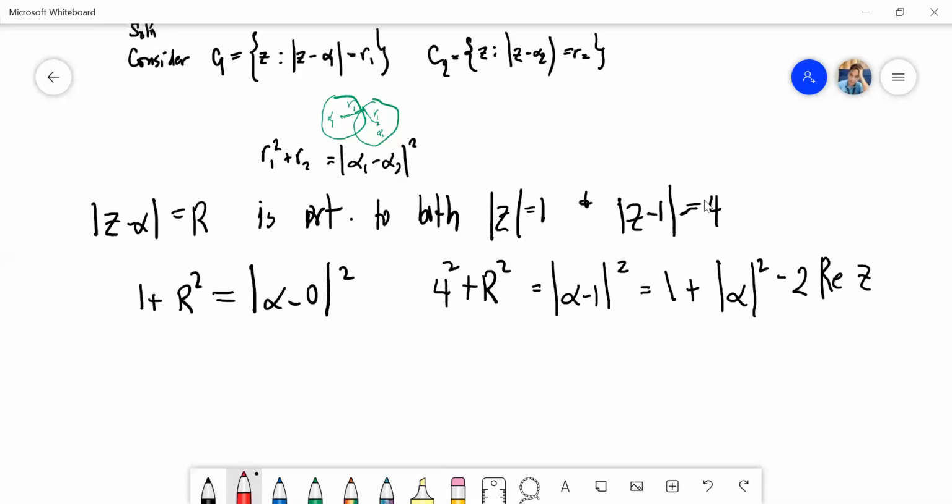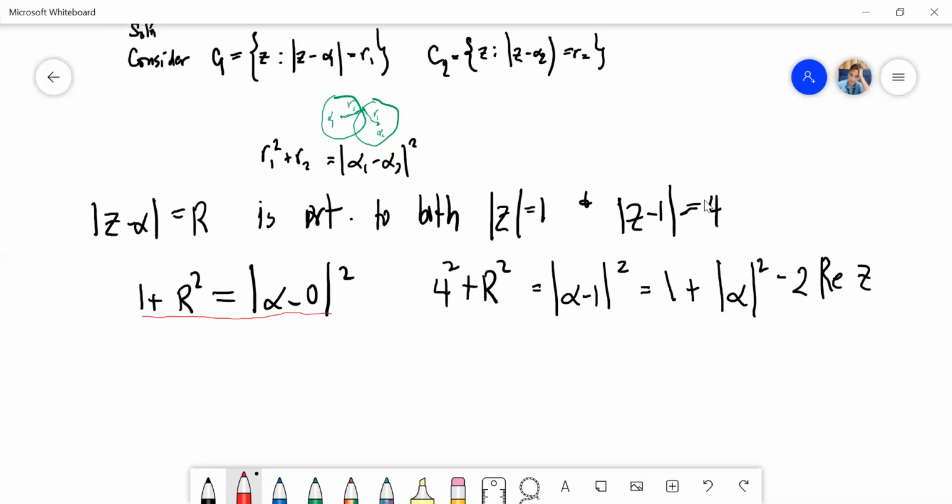Now, how did I get this first equation here? Simply, I just square both sides of this equation. So I would get modulo of z minus alpha equals r squared. Then I add the left side by the modulo of z, so I would have now negative alpha. So I add the right side by 1, which is the same as modulo of z.